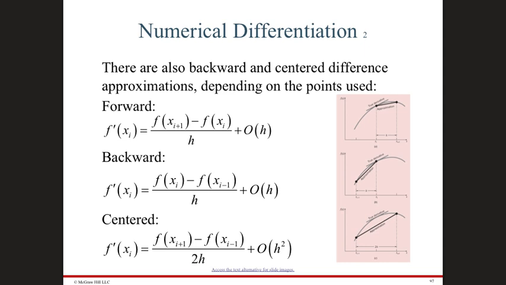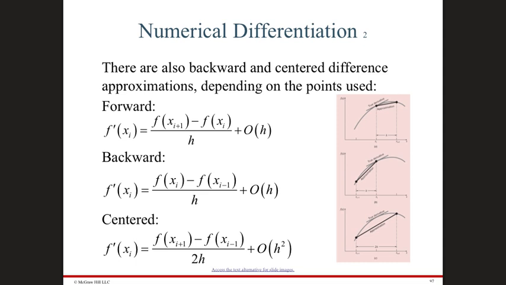And again, this operation has a local error of order h. Or you can do backward calculations. If you want to calculate the derivative at point xi, you use xi and the one before it, which is h step before, and you still divide by h.